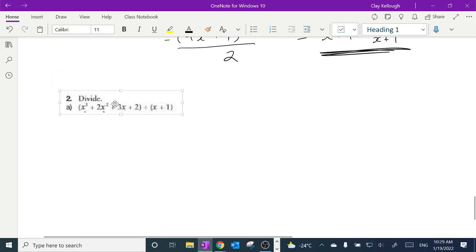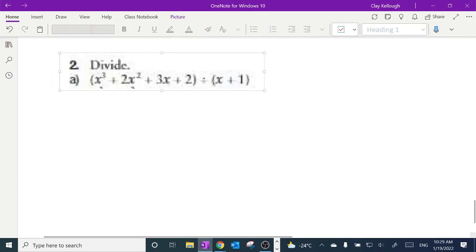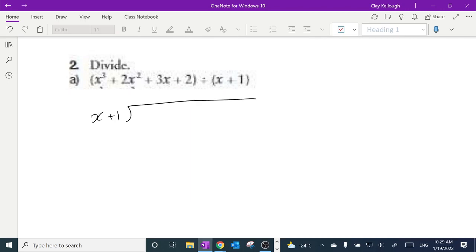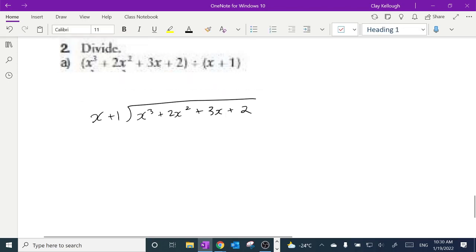There we go. Okay. So what was my first step again? Write it the way you traditionally write division. I should give myself a little more room here. Okay.